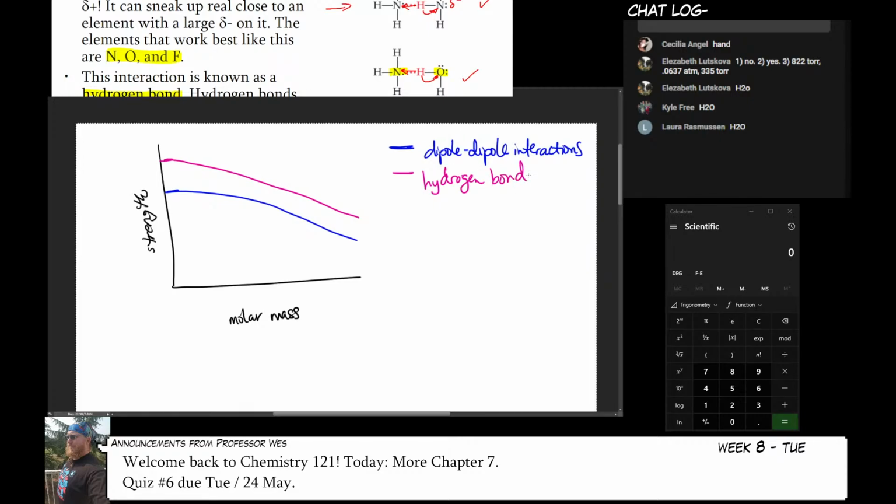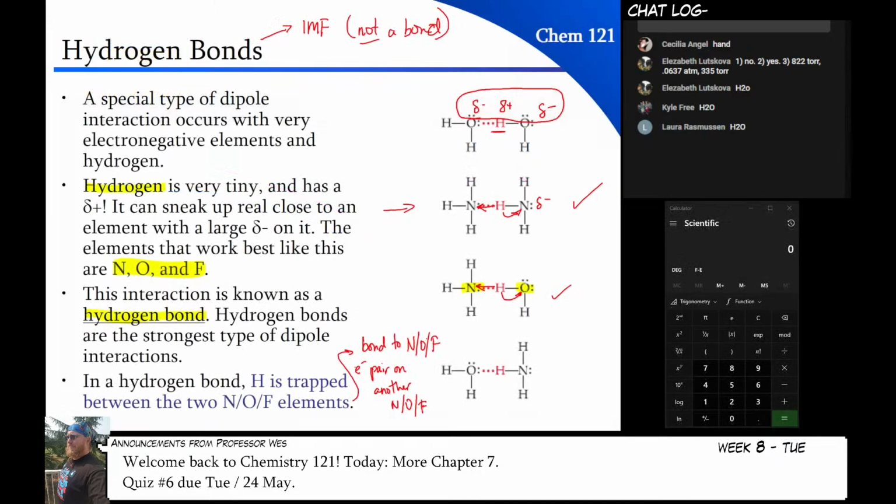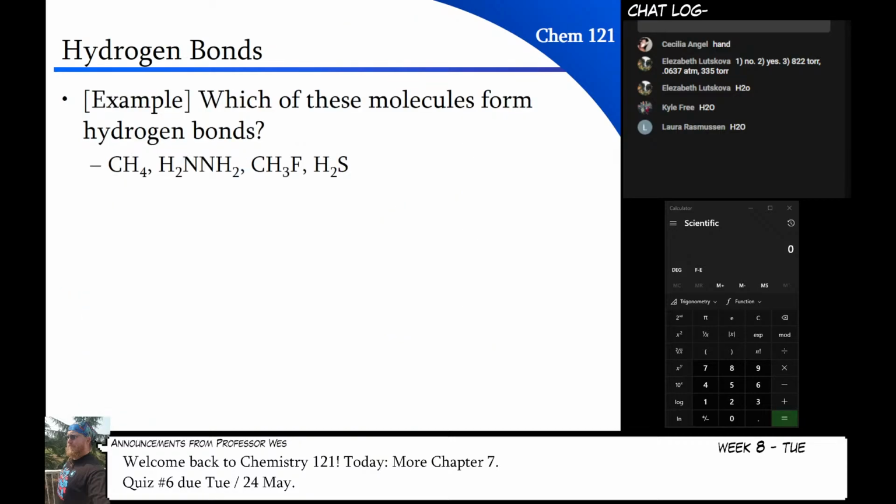The hydrogen bond is a more effective dipole. In the circled region are our hydrogen bonds, so that's great.